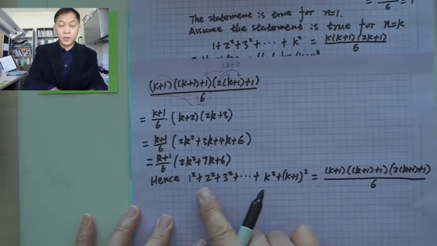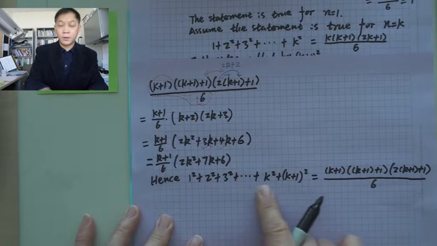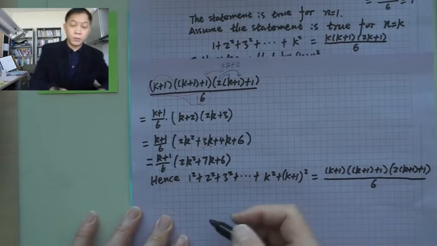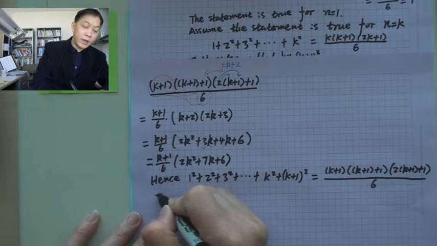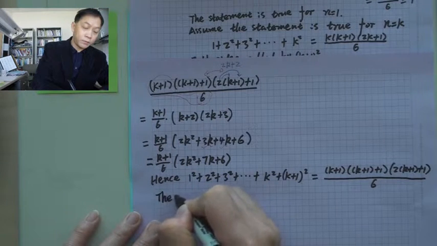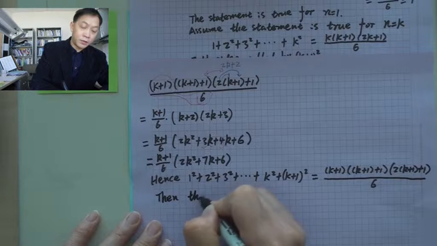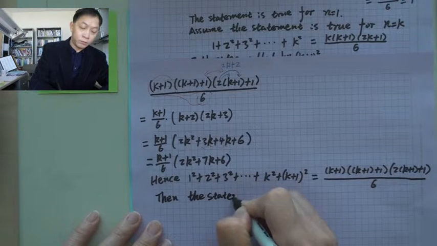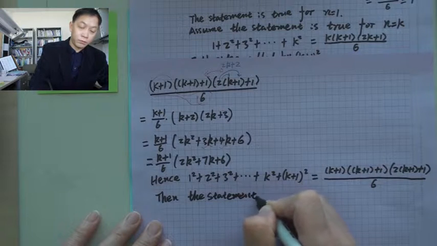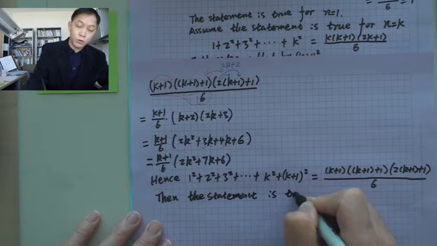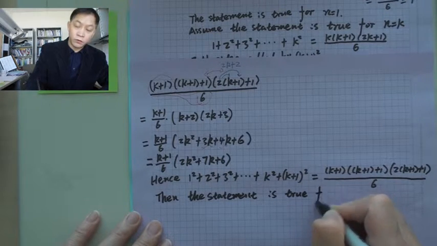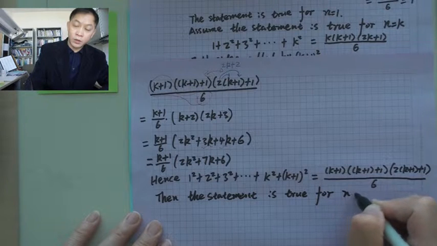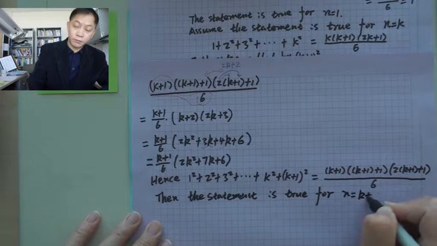Then we have proved they are equal. So you might say then the statement is true for n equals k plus 1.